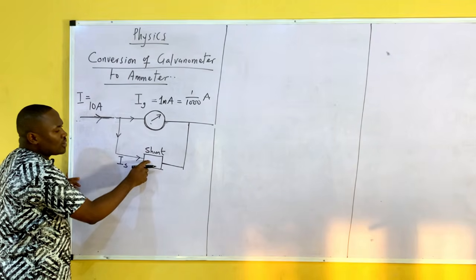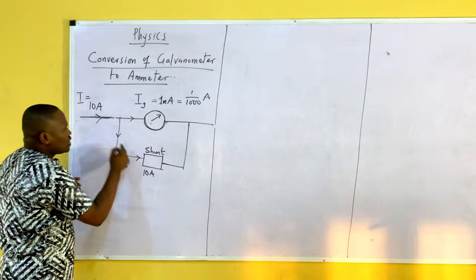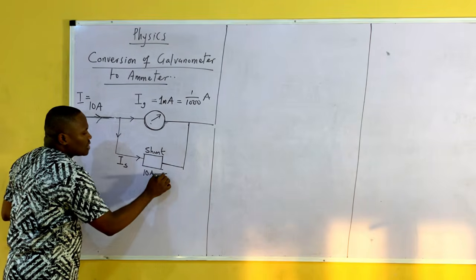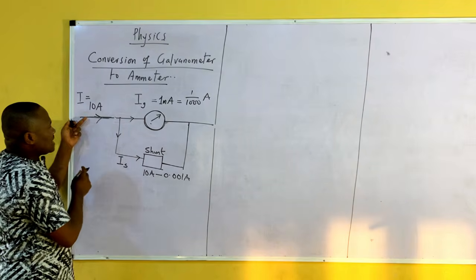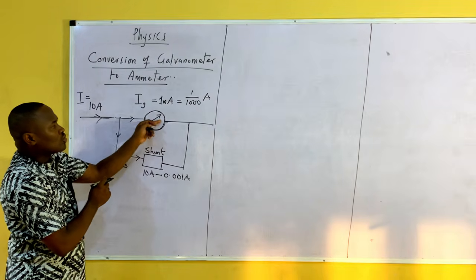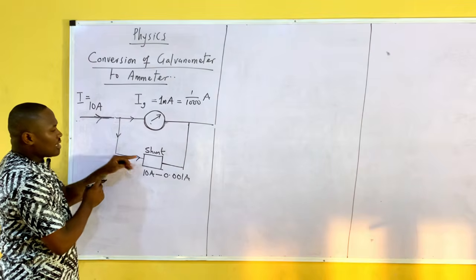Now, what will be the current here? The current here will be 10 ampere, which is the total, minus what goes this way, which is 0.001 ampere. Remember, 10 ampere was coming. Only what this can hold went in this direction, which is 0.001 ampere. Then the remainder is going to come here.